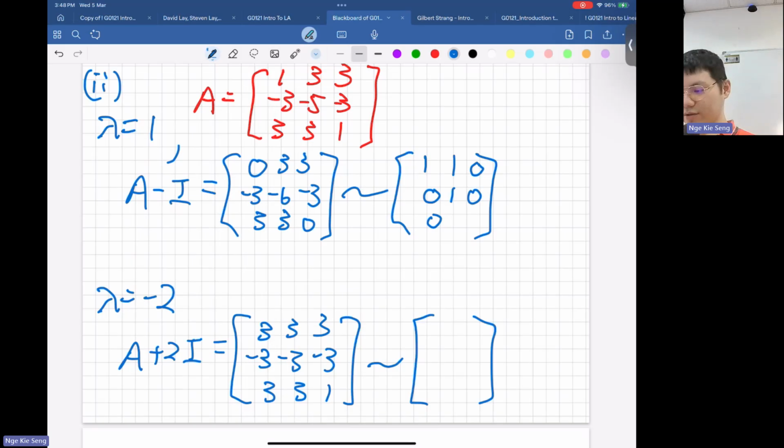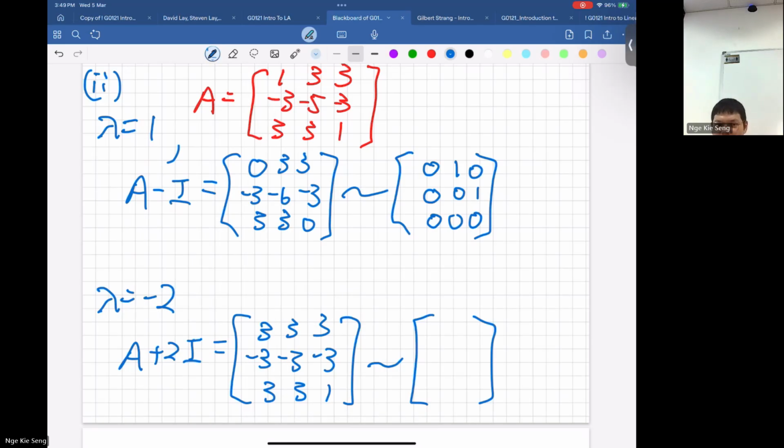It's only one solution, so let me guess. What's the solution here? This one, this one. So I guess this matrix from the solution. Let's see. So not correct.